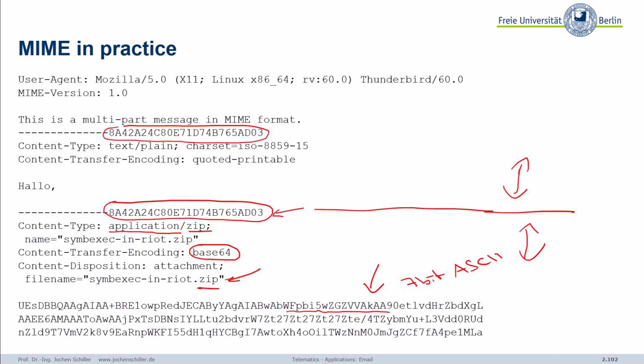And for each part you see the content type. We have a plain text with a certain character set, and then you see content encoding quoted printable that says hello. Then there's another content type. This was our application, our zip file. So you see different content, different parts, but in the end it's all ASCII.